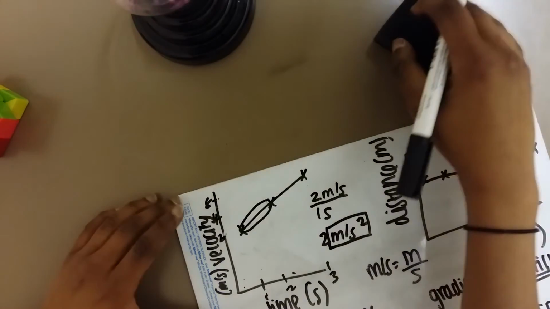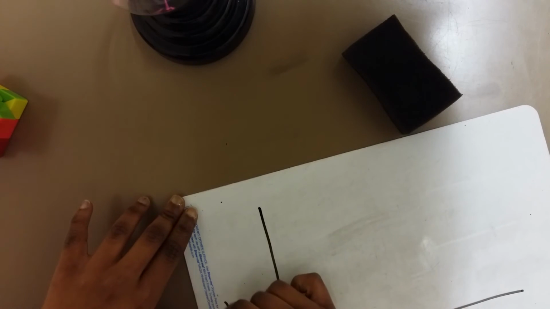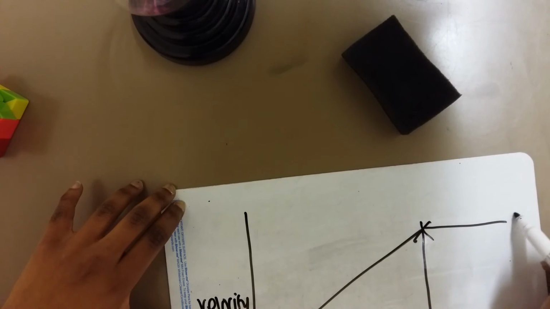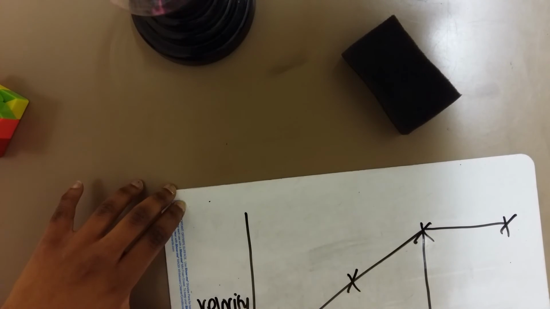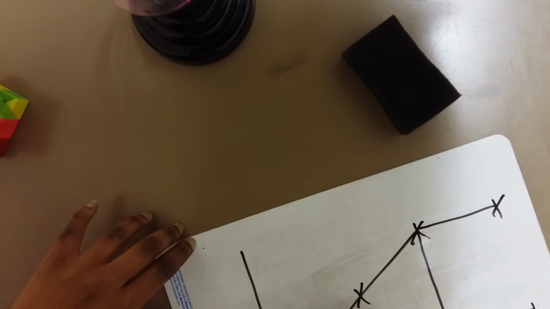That is why the unit for acceleration is meters per second squared. And the cool thing about velocity-time graphs is that you can find another cool thing using the area under the graph. This is time. This is velocity. If we had something simple like this, say 1, 2, 3, 4, 5, and that's 10.